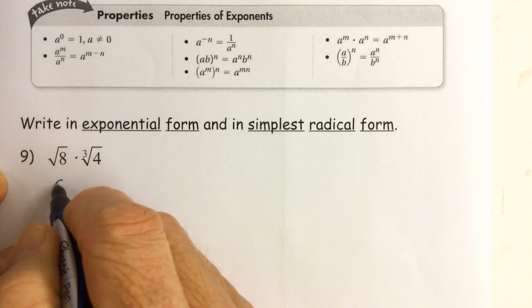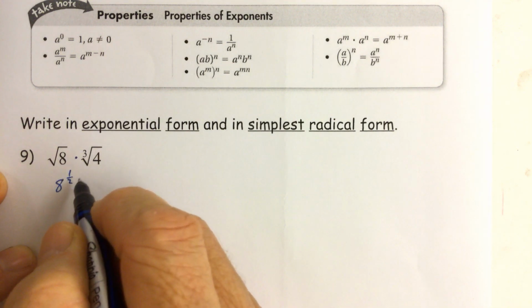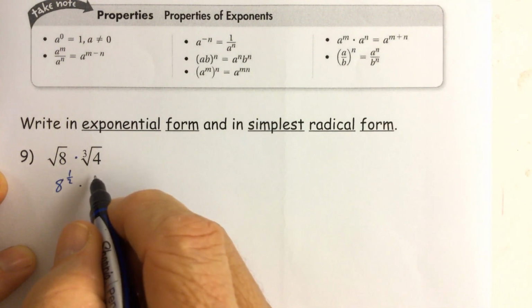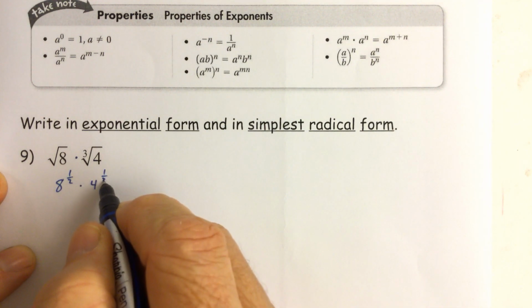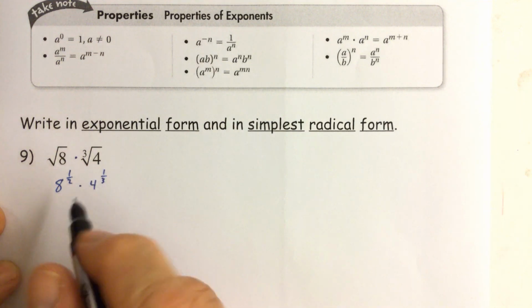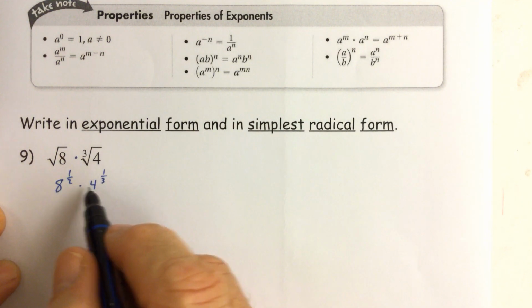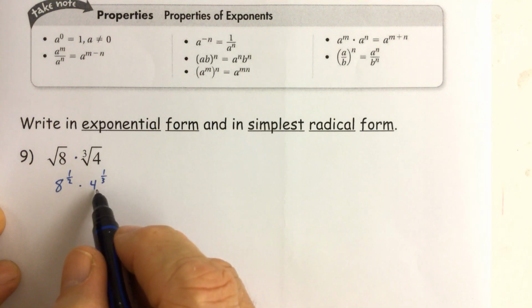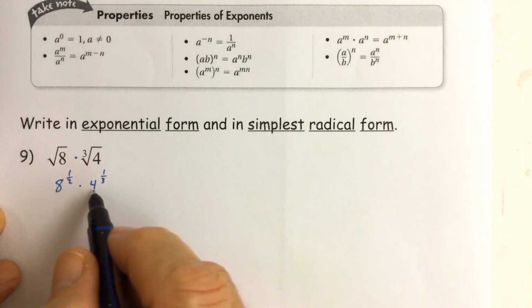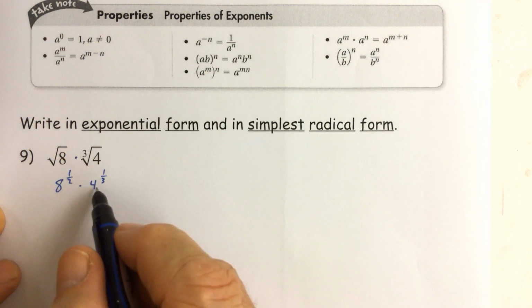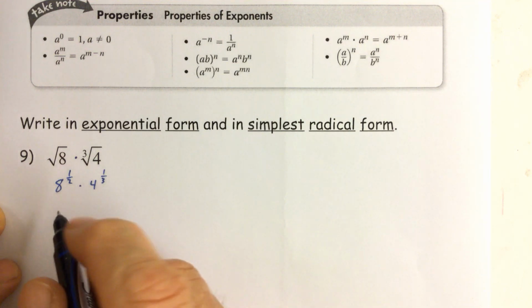So we take radical 8 and write it as 8 to the 1/2, and we write cube root of 4 as 4 to the 1/3. Now, noticing that 8 and 4 can be written as powers of 2, that's critical to remember, because if you can't write those as a power of the same base, you can't combine them.